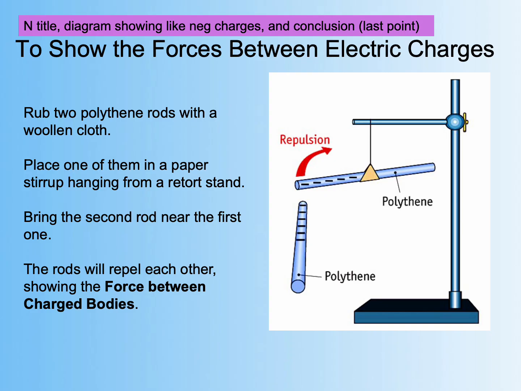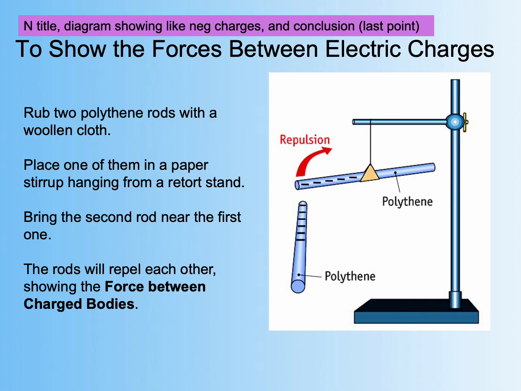So you could be asked to describe, using a diagram, how to show force between electric charges in the lab. So this is taking two rods, two plastic rods. You rub those rods, say polythene, with your woolen cloth.